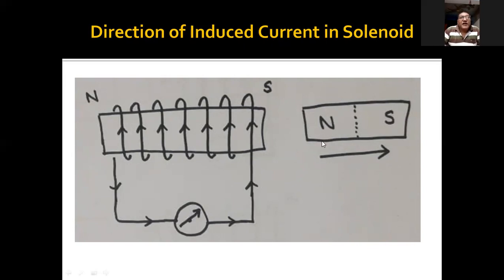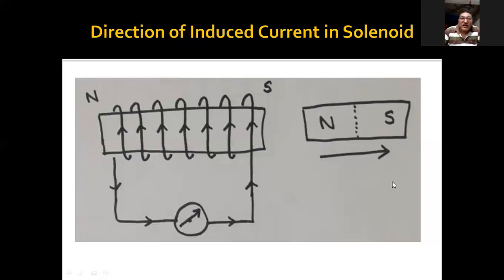Here I have a permanent magnet. Its north pole is facing the right side of the solenoid, and this magnet is moving away from the right side of the solenoid. Its north pole is facing the right side of the solenoid, and it is going away, it's withdrawing.